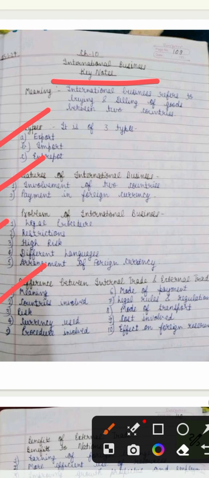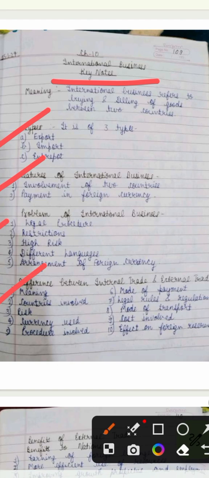But in external trade, long procedures have to be completed. Mode of transport. In internal trade, road and railway can be used for the movement of goods. But in external trade, sea transport and air transport are used.